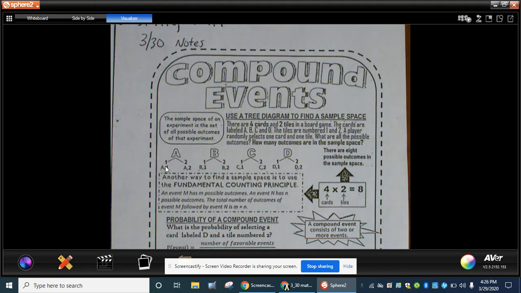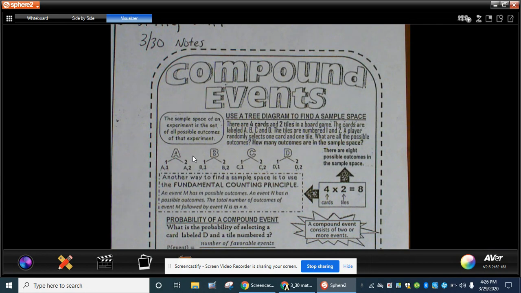The sample space again includes both the cards and the tiles. If we count 1, 2, 3, 4, 5, 6, 7, 8, all of the outcomes of this event, there are 8 possible outcomes inside this sample space. Another way that we can identify the number of outcomes in a sample space is called the fundamental counting principle, which says I take the number of outcomes for the first event and multiply it by the number of outcomes for the second event.